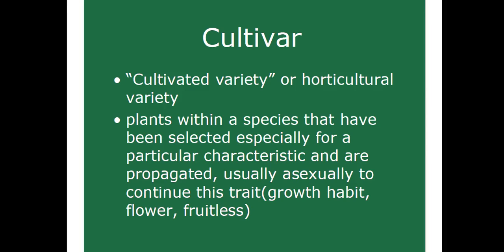Typically the traits that we look at, especially in terms of woody plants, are the growth habits, the flowers, and oftentimes we're looking at fruitless cultivars because people in the landscape industry we're finding prefer to not have to deal with fruit. So we'll look at some, for instance, a sweet gum hybrid cultivated variety that has no fruit.